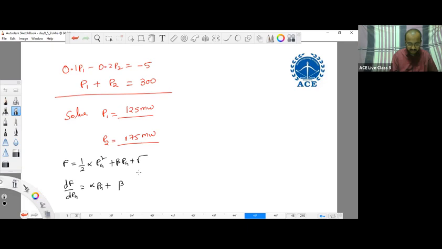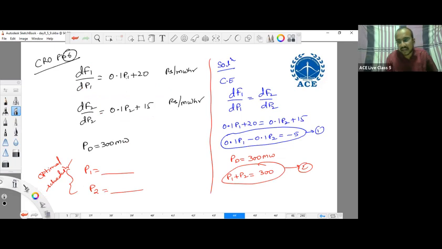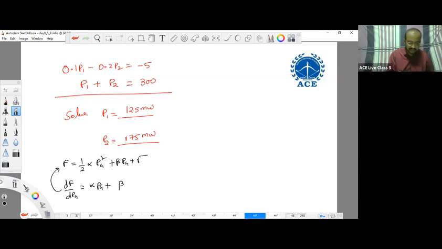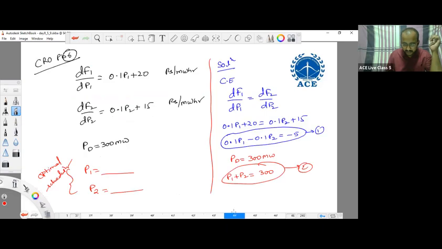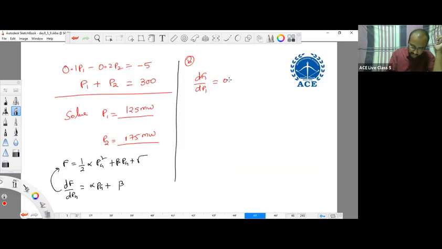Here we know the incremental fuel cost, but the fuel cost has to be formulated from it. So how do you formulate the fuel cost equation? We know dF1 by dP1 is 0.1 P1 plus 20. So what do you get?